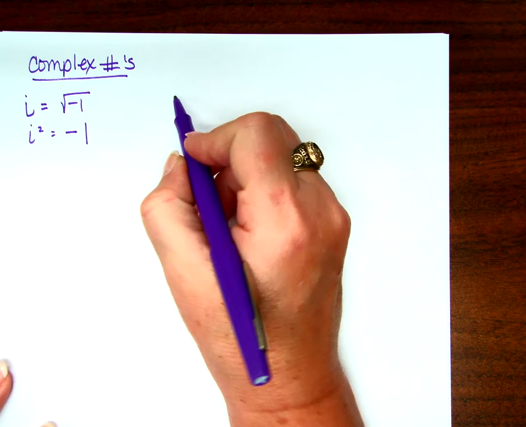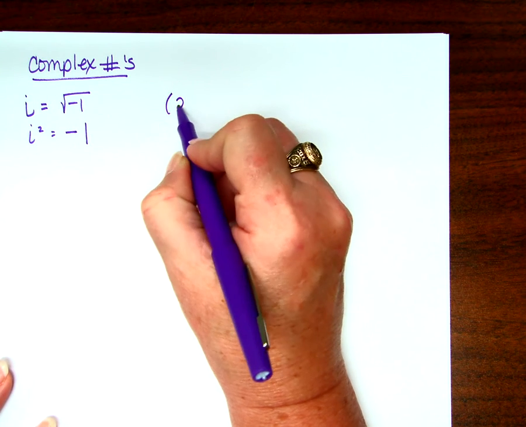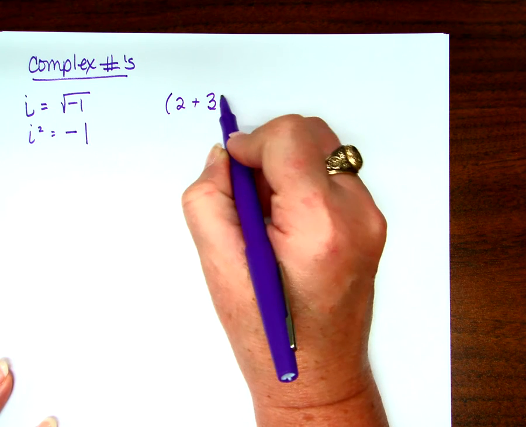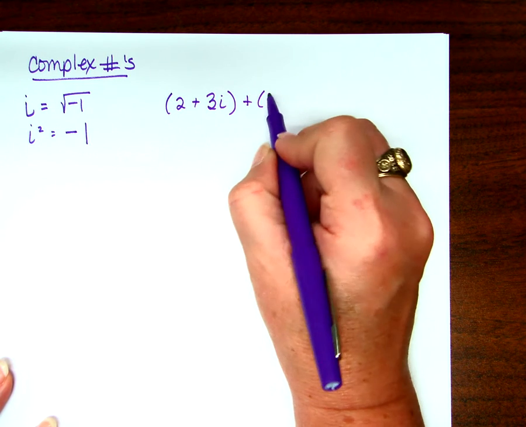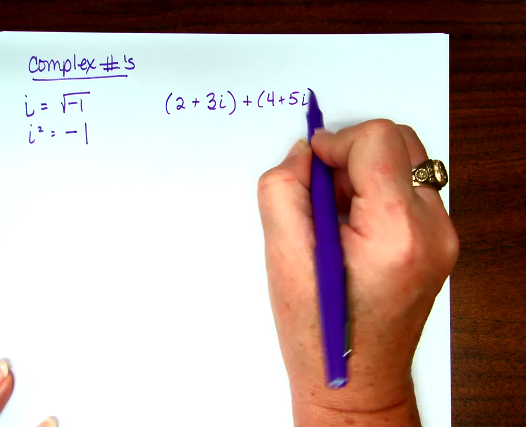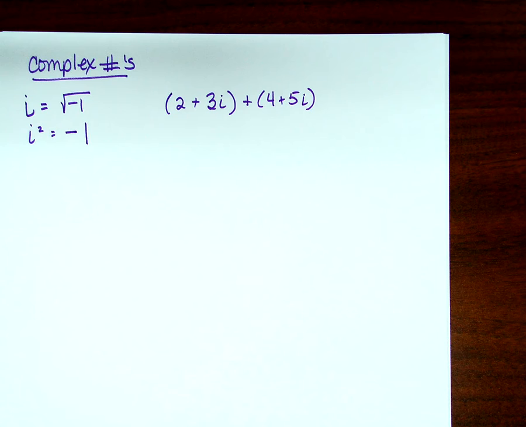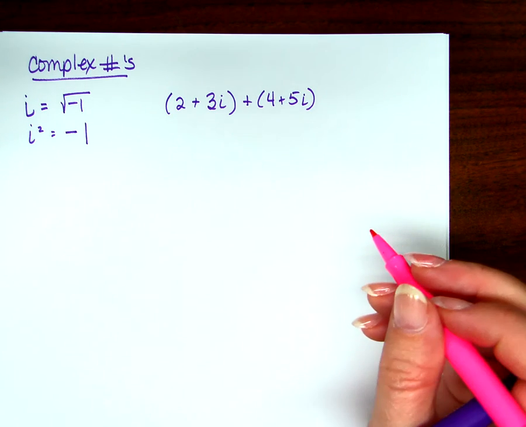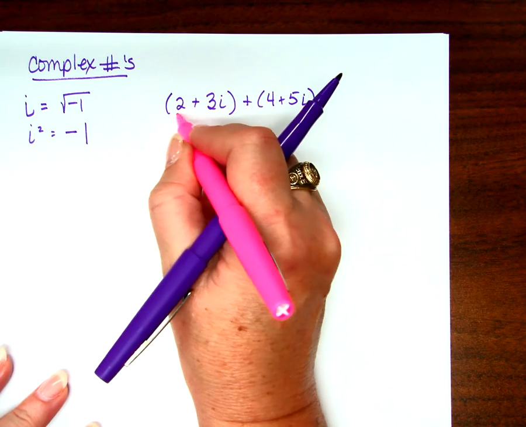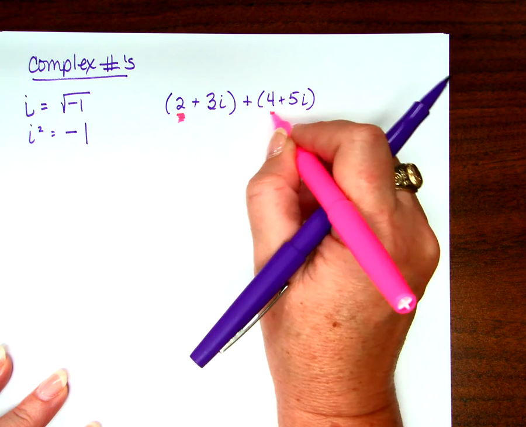So let's see if we can add 2 plus 3i plus 4 plus 5i. When we are adding complex numbers, what parts do we add? We add the real parts, right?